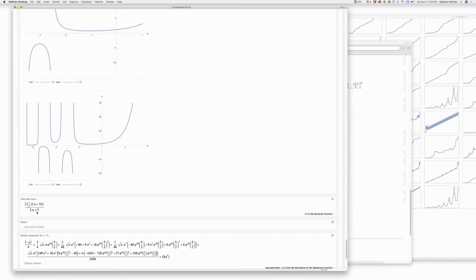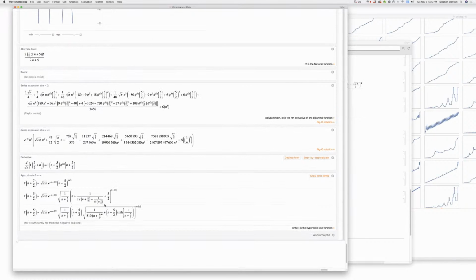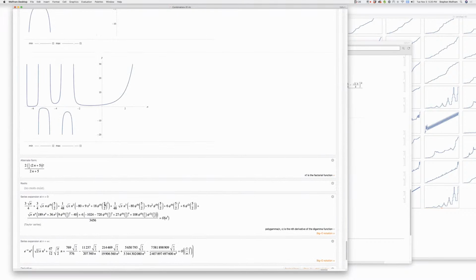Oh, well, that's interesting. Okay. Alternate form has that factorial. Approximate forms, n to the... Okay. Now, an interesting question is, how do I copy that? Maybe I should use all of that stuff. Plain text.